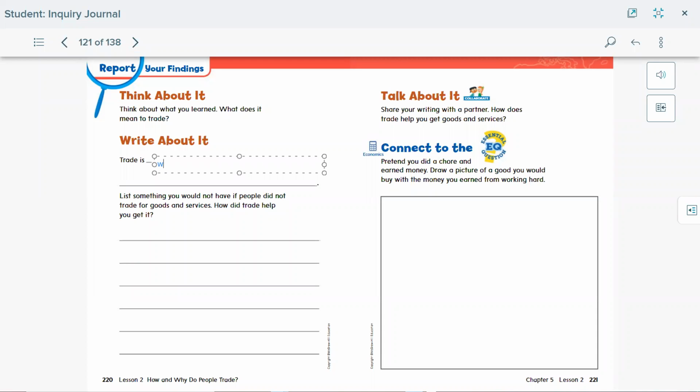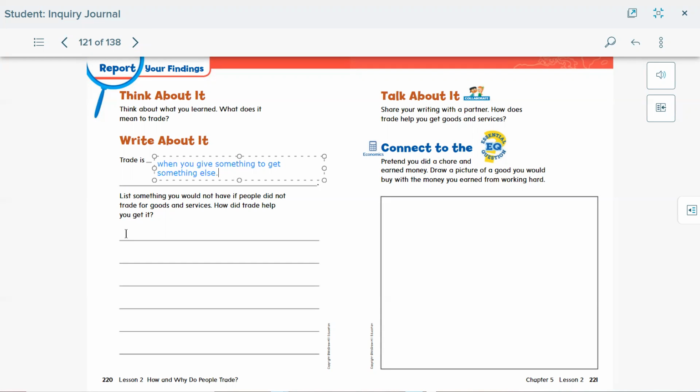Trade is when you give something to get something else. And we know that you do that with your friends when you trade game cards or toys or snacks, or when you go to the store and give money and get something you need.